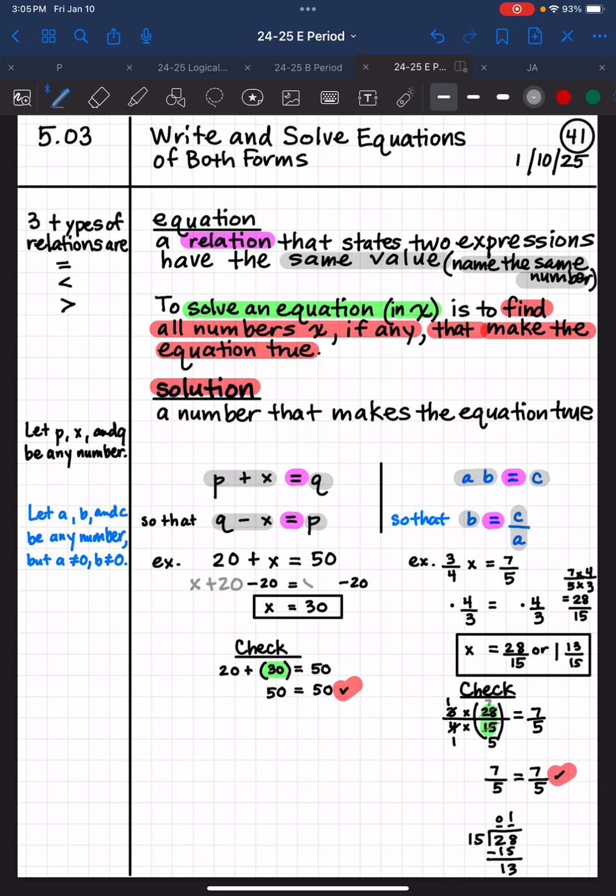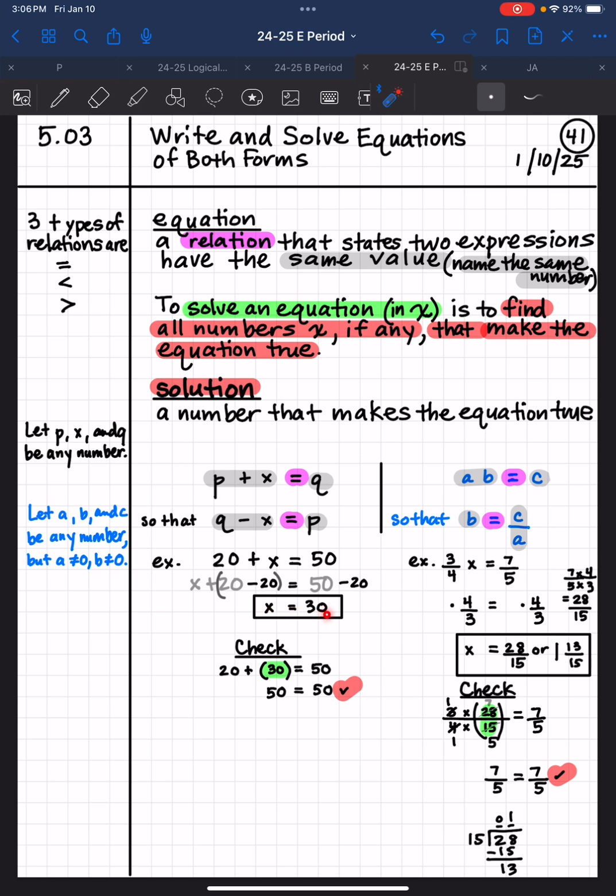And then I'll copy this number right here, which is 50. Now, as I said before, I'm going to subtract 20 from both of these numbers. And 20 minus 20 is 0. x plus 0 is x, okay? And now, as I subtract 20 from this number, I'm going to subtract 20 from this number. So then I have 50 minus 20, which is 30. And then I have x is equal to 30.